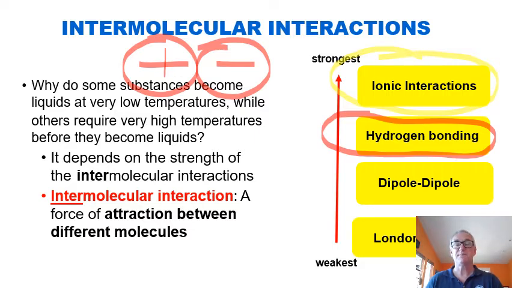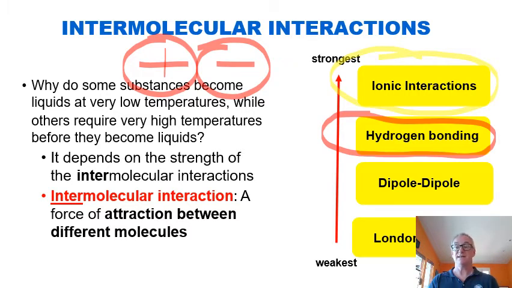Basically, it is a special polar interaction that very polar molecules can do, like water, like hydrogen fluoride, like ammonia, that have very, very polar bonds. And you remember what a very, very polar bond is: a bond with a big difference in electronegativity.